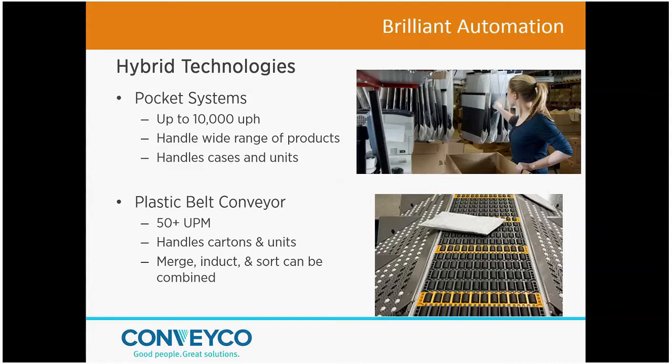Anything that you can induct onto these generally can be sorted. You can do it up to 50, 75 units per minute or cartons per minute. We'll handle cartons and units. These are very expensive per foot, but they can also do double duty. The same unit can be used as a merge and induction unit, and then to sort also.